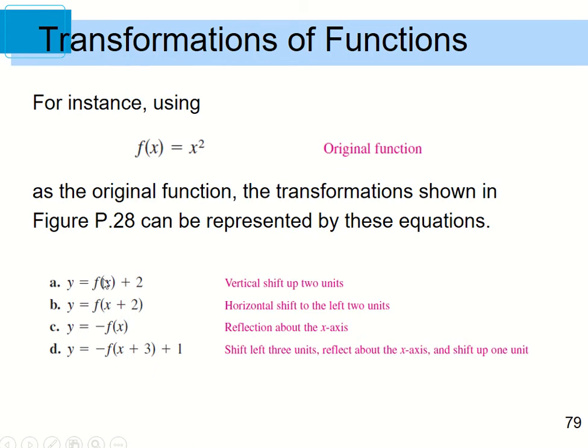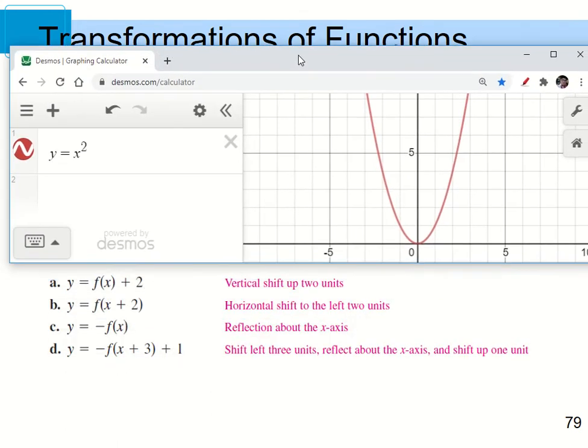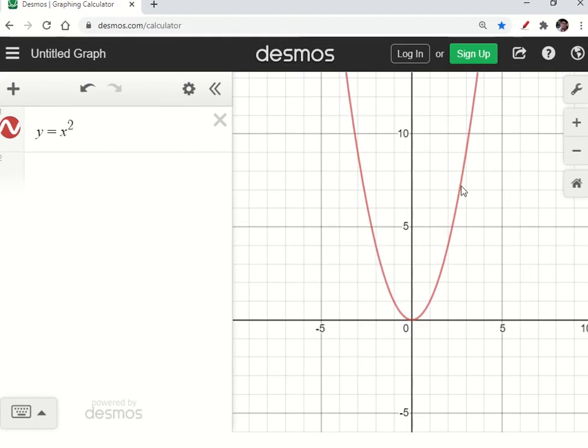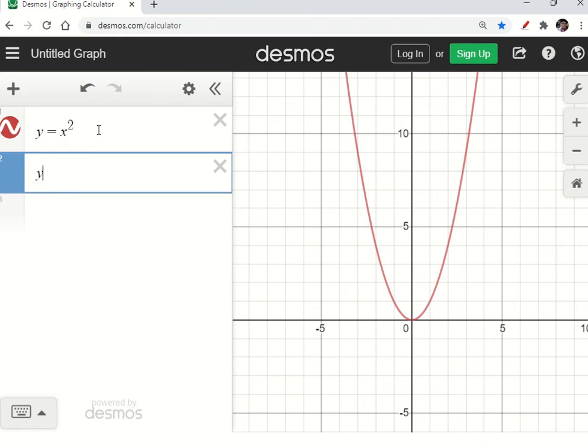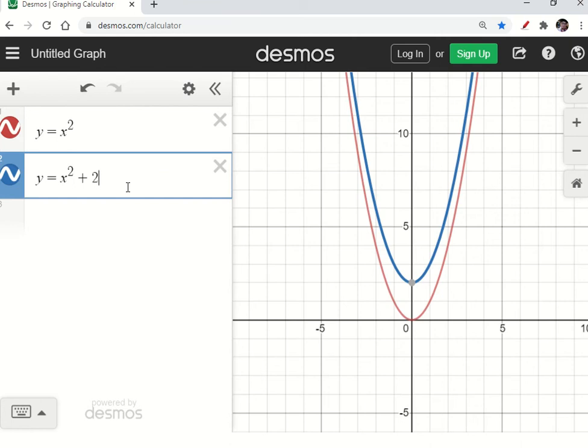First, what happens if we have x squared plus 2? I'm going to show you using the graph here. This graph represents y equals x squared. If we have x squared plus 2, you can see the graph has been shifted up by 2 units.